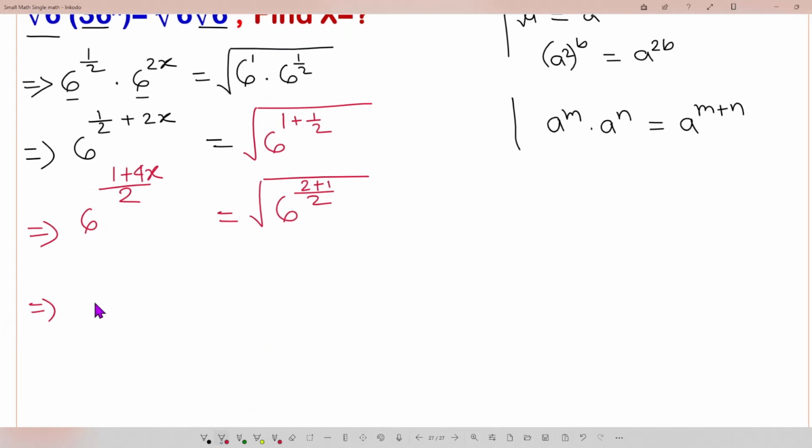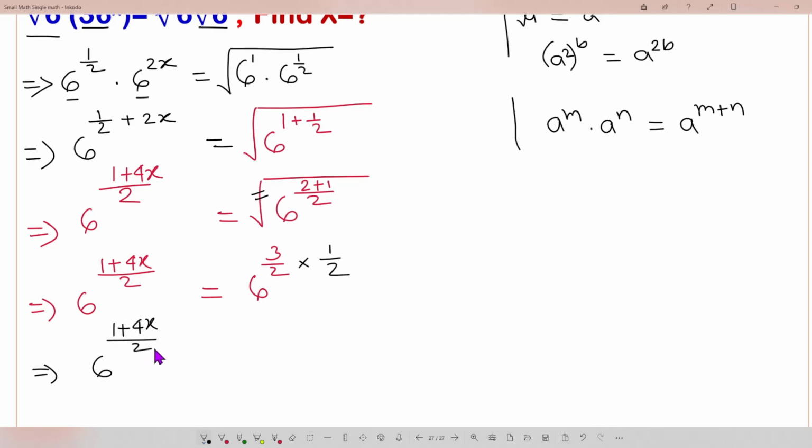Now 6 to the power 1 plus 4x by 2 equal 6 to the power 2 plus 1 is a 3, so 3 by 2. Against this root we can write times 1 by 2. Now here is 6 to the power 1 plus 4x by 2 equal, here is 6 to the power 2 times 2 is a 4, so 3 by 4.